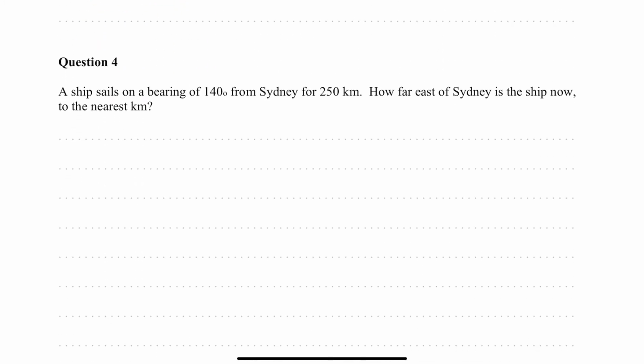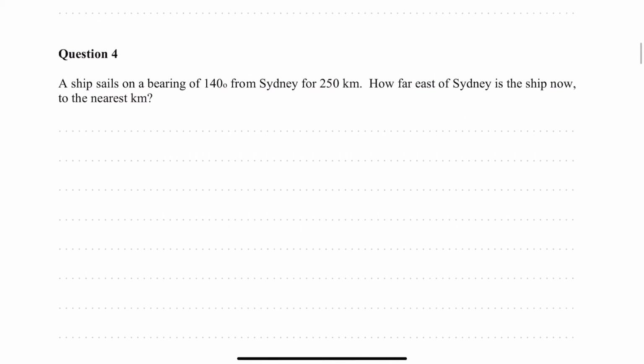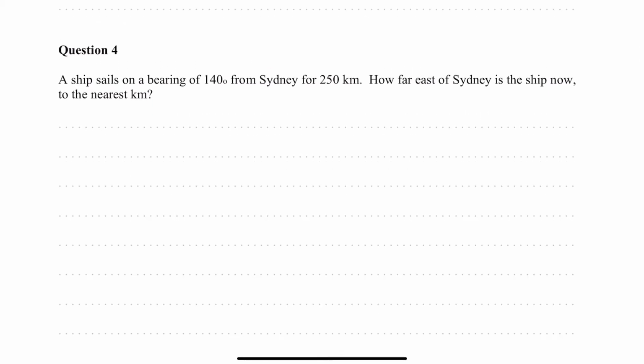So in question 4, we have a ship sails on a bearing of 140 degrees from Sydney for 250 kilometers. Again, let's just draw the diagram first of all. It says from Sydney, so from Sydney on a bearing of 140 degrees.